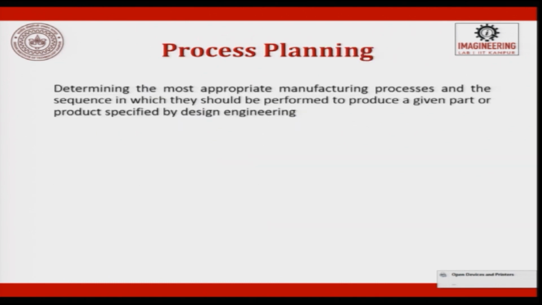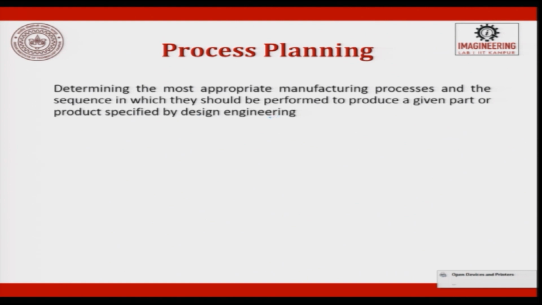Now, let us see the definition for a process plan. So, process plan is nothing but it is determining the most appropriate manufacturing process and the sequence in which they should be performed to produce a given part or a product specified by design engineer.